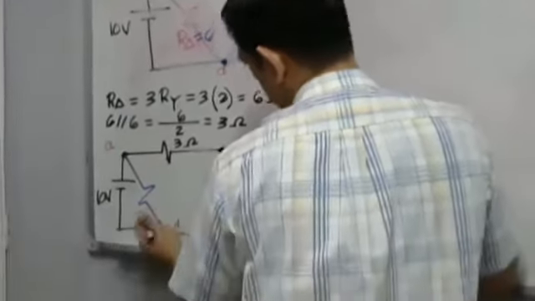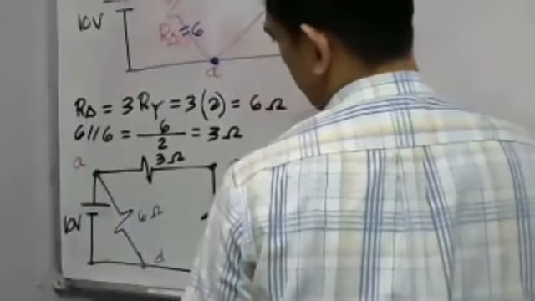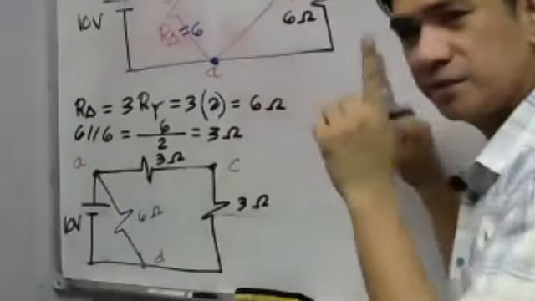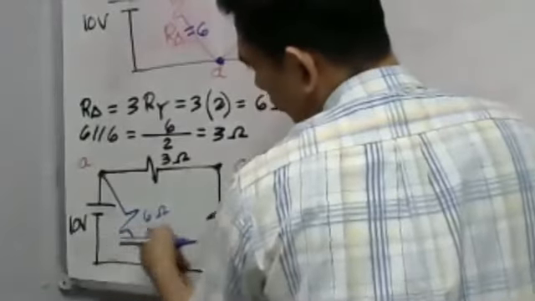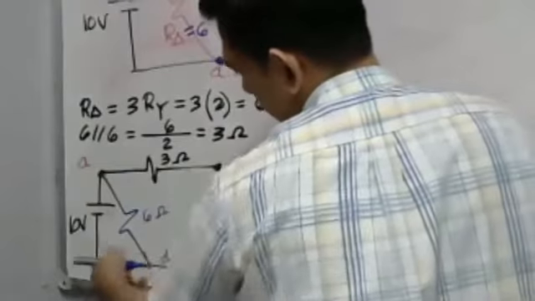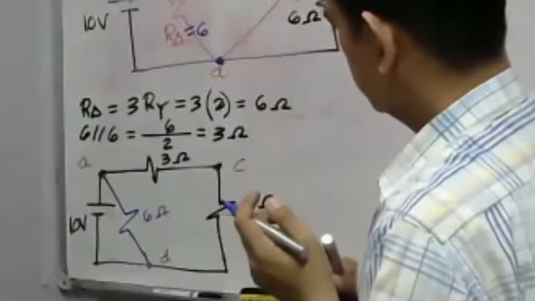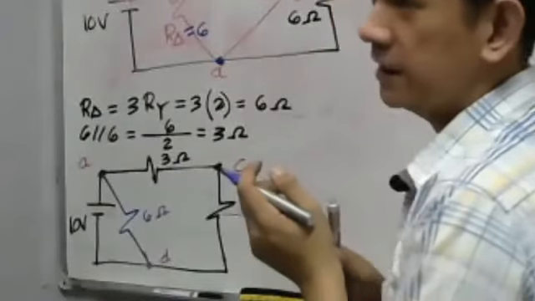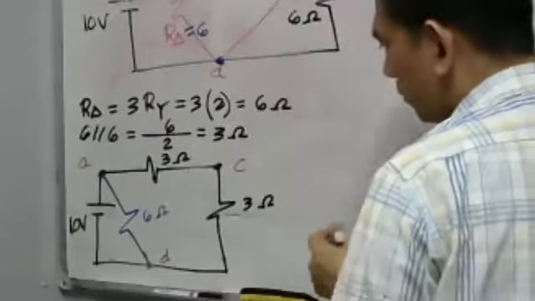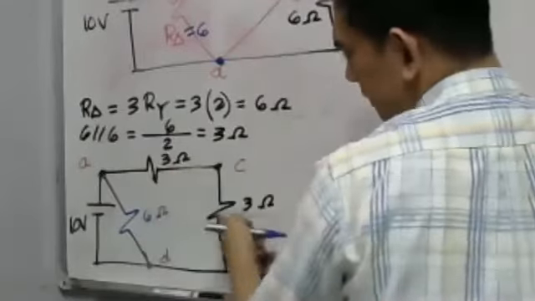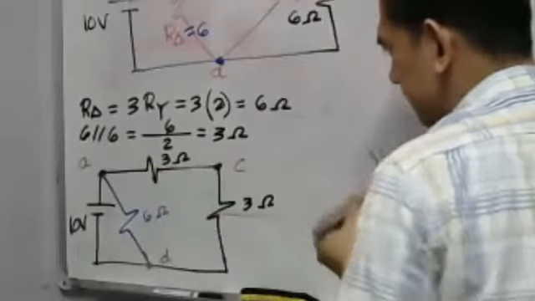Basically, the 6 ohm resistor is in parallel with our 10 volt source because they have 2 common nodes, A and D. So that is just a common node. What can you say about these 3 ohm and 3 ohm resistors? Obviously, they are connected in series.